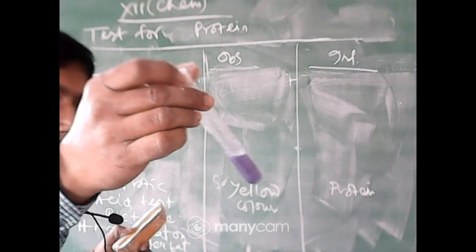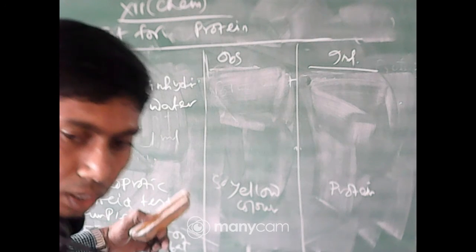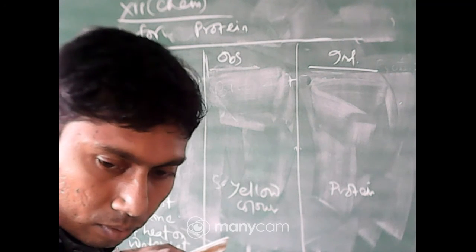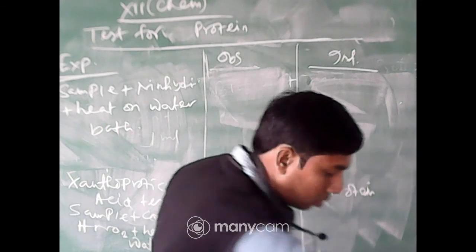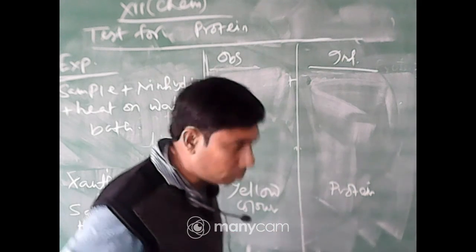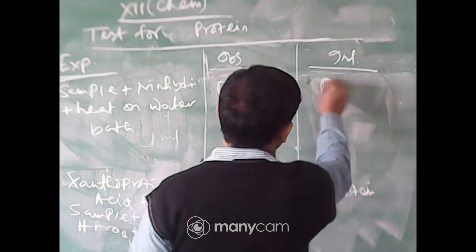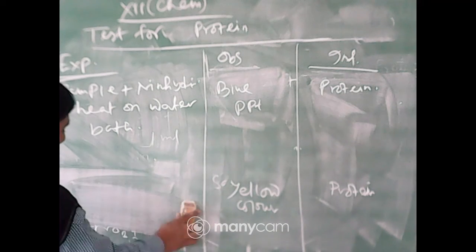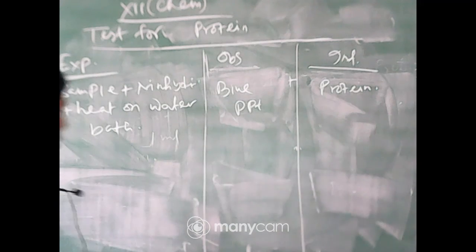The blue color. It will intensify on heating further. So this is the last test, that is the blue color, the formation of blue PPT. Blue PPT confirms protein. Another test is there, but due to its poisonous nature, that is Millon's test.